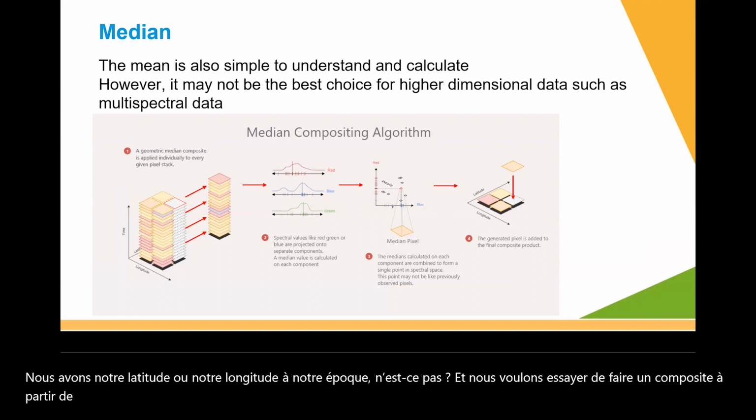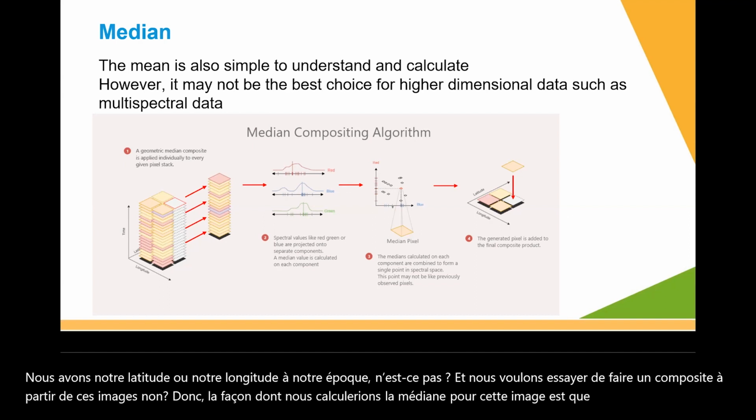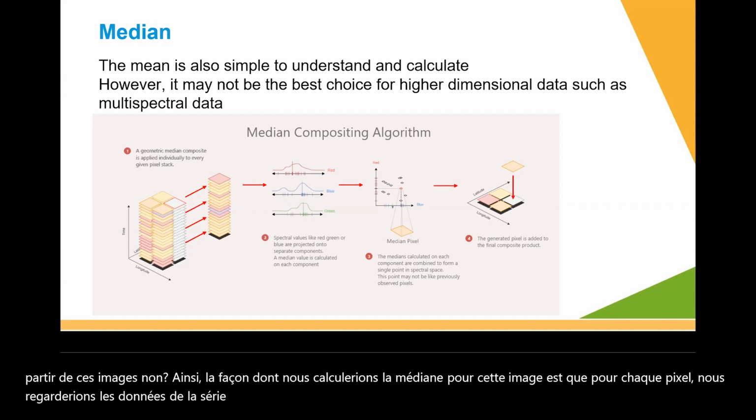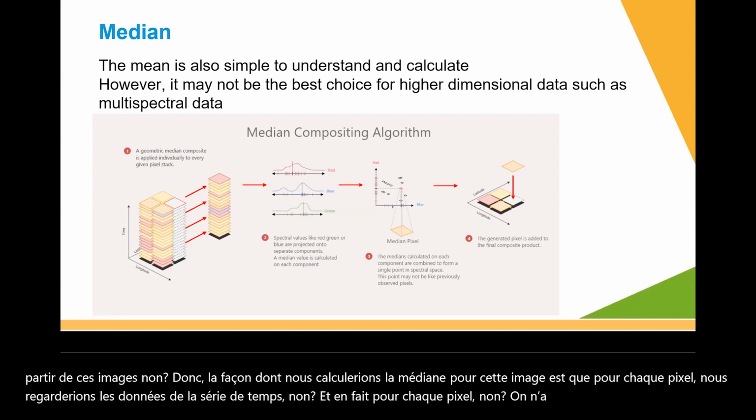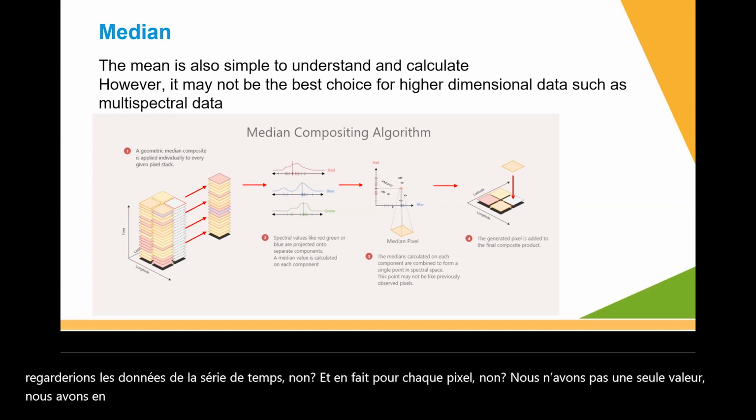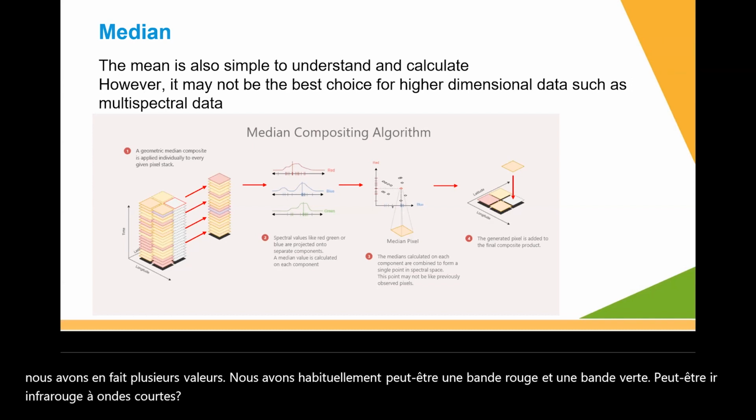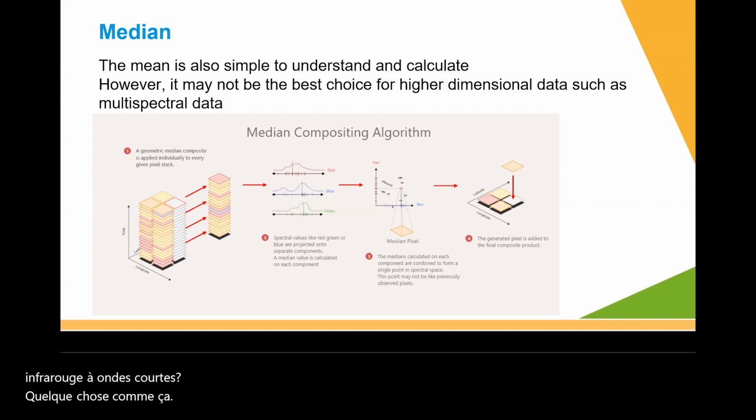So the way we would calculate the median for this image is that for each pixel, we'd look at the time series data. And in fact, for each pixel, we don't have a single value. We actually have multiple values. We usually have maybe a red band, a green band, maybe IR, shortwave infrared, something like that. And for each of the bands in that pixel, breaking that out, we see our red, green, blue.